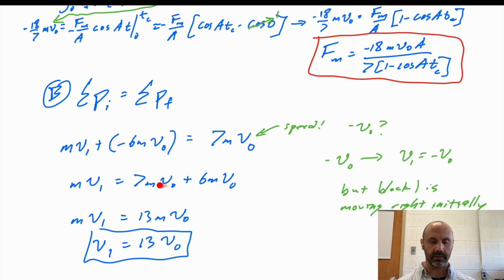Negative v naught would be v1, which would mean that the 6m block and the 1m block were both moving at v naught. There would never be a collision. They would never actually hit each other, right? But we know that block 1 is moving right initially, so this can't be the possibility. So we know it's moving to the right, and so here's our expression: v1 equals 13 v naught.